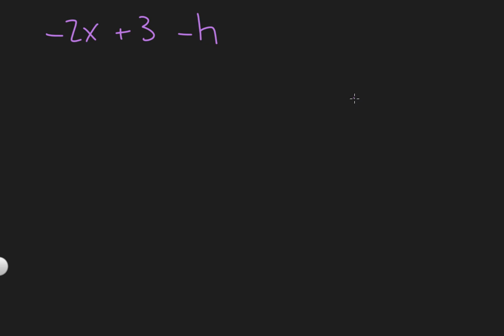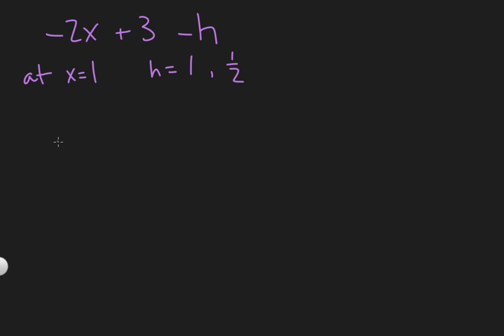We're going to look at it for particular values of x and h. So at x equals 1, we're only going to pick a couple. Let's just do h is equal to 1 and h is equal to 1/2.